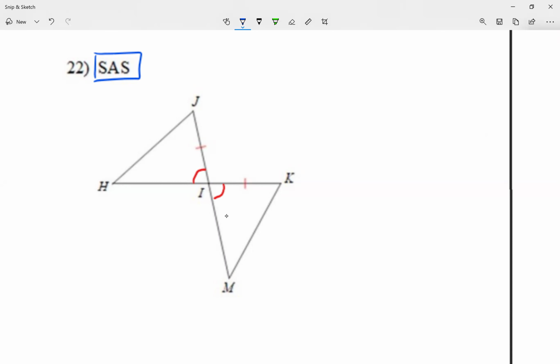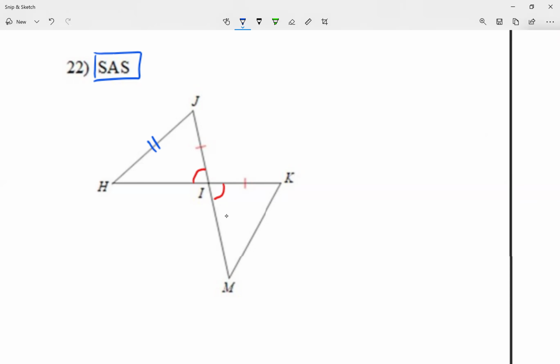When I'm looking at the triangle on the left, I'm supposed to have two sides and the included angle. We already have the angle marked, so I don't need another angle. I only see one side marked, so I need two sides. But remember the included angle. Can I mark this side? Is this the side that we need?